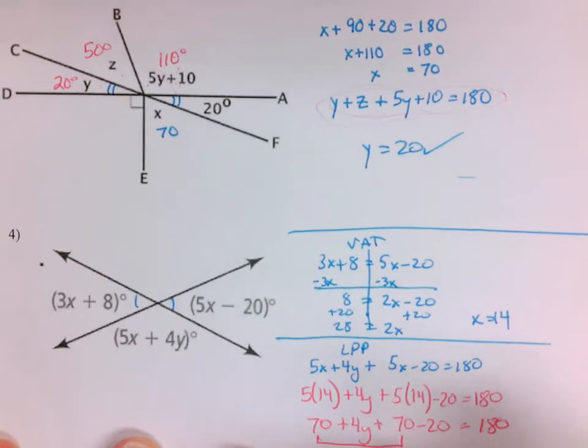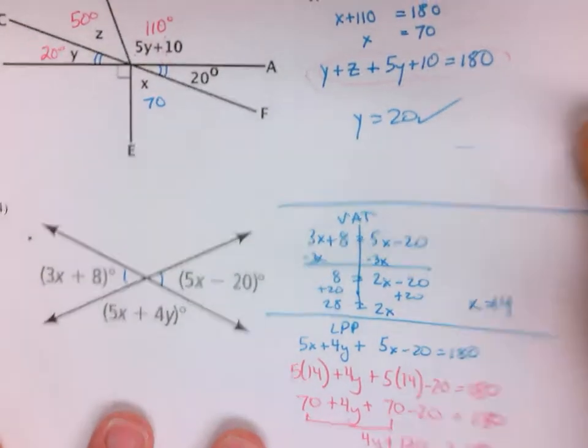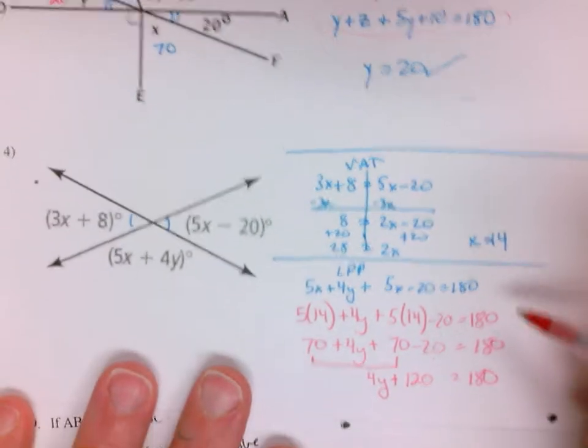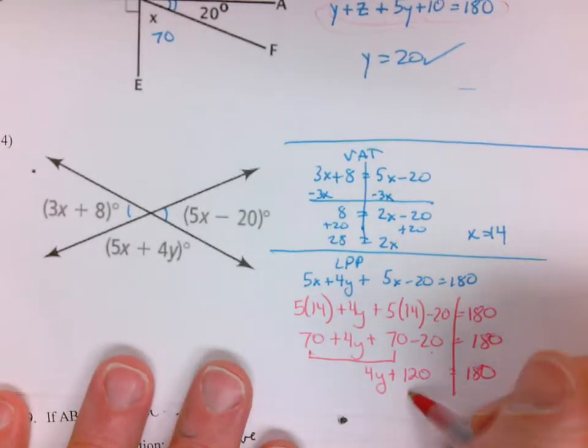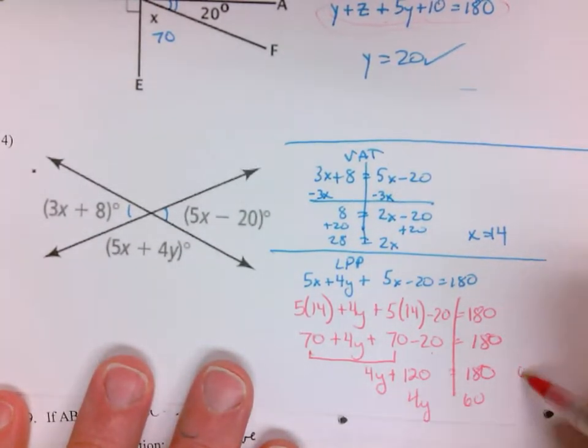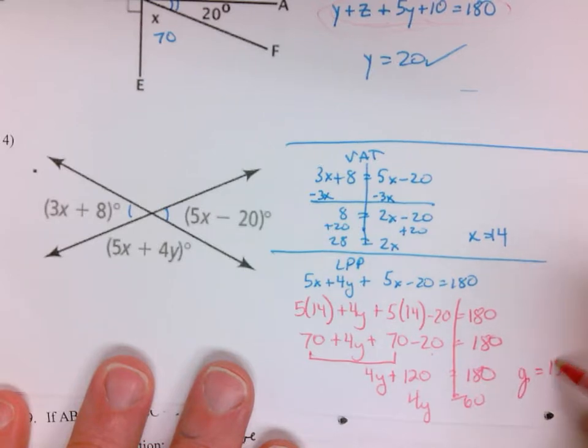These two are 140 minus 20 is 120. Four y equals 60, so y equals 15.